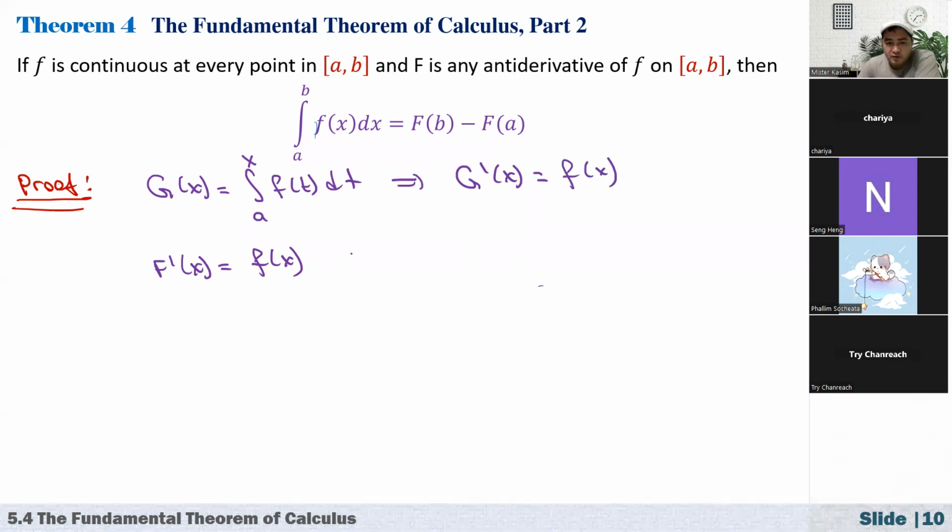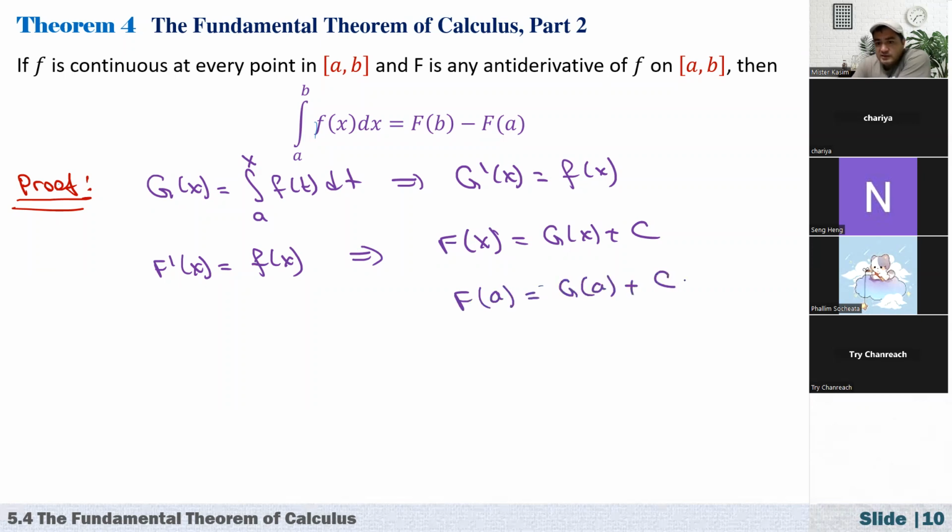Now, if you remember the corollary, the difference between these two, F and g, must be a constant number. So that means that F(x) should be equal to g(x) plus c, right? So now if you evaluate this, what is F(a)? F(a) is equal to g(a) plus c.